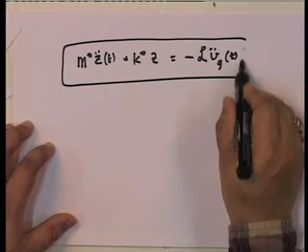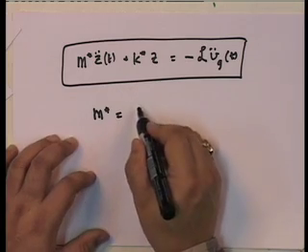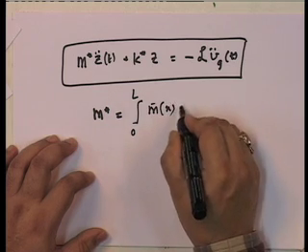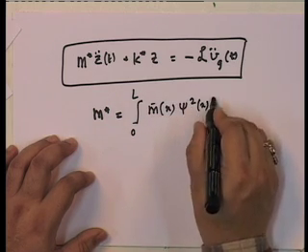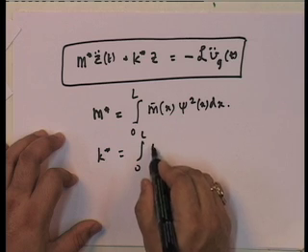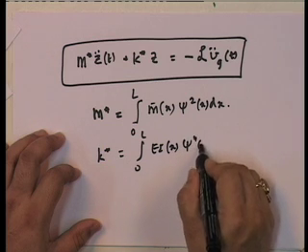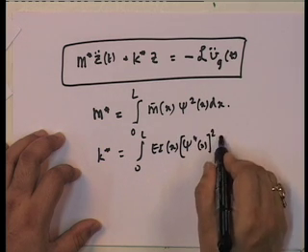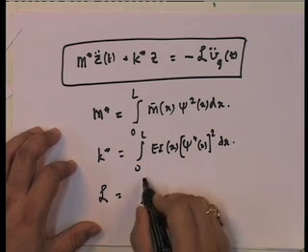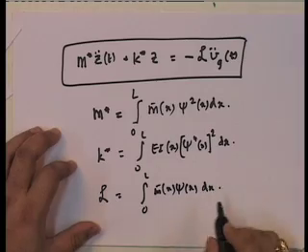This is my equation, where obviously m star is equal to 0 to L m bar x xi squared x dx, k star is equal to 0 to L E I x xi double prime x the whole square dx, and L is equal to 0 to L m bar x xi x dx.